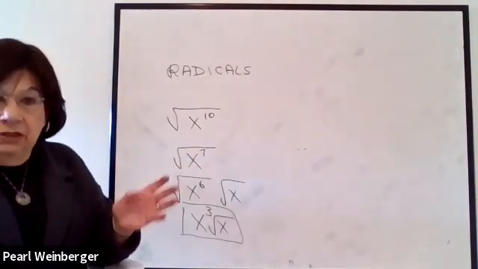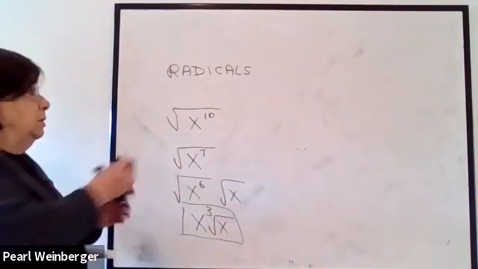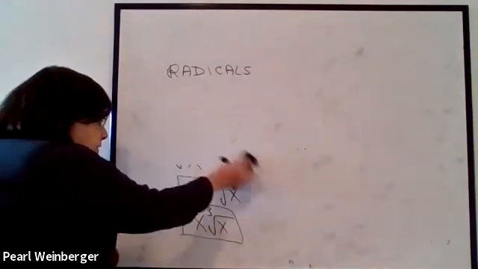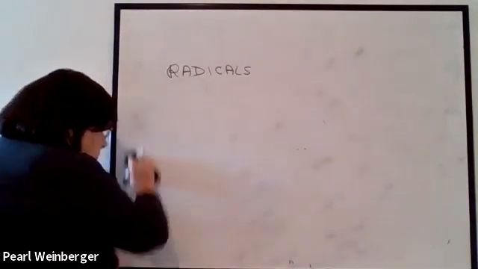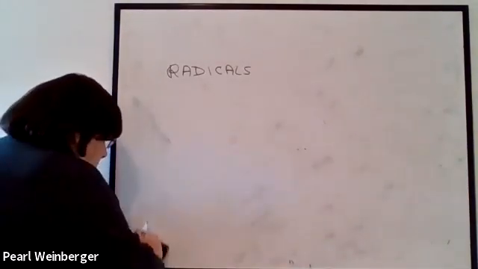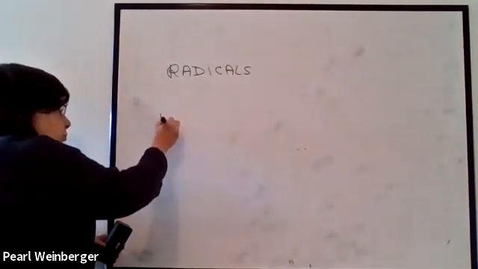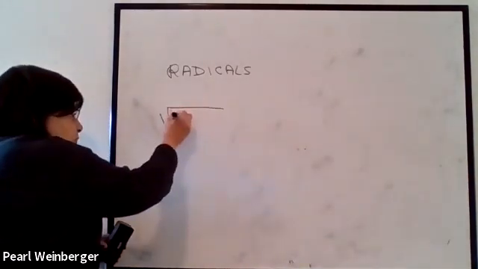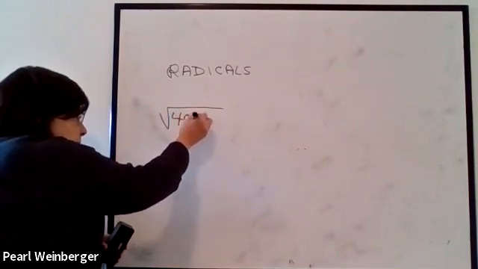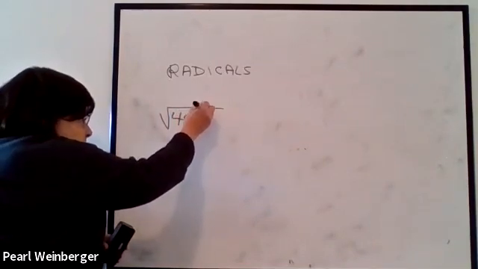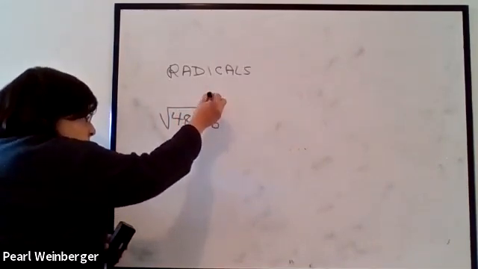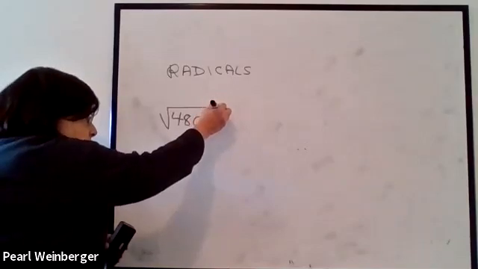Let's put all this together. Let's say I gave you something like this: square root of 48, a to the 5th, b to the 8th.